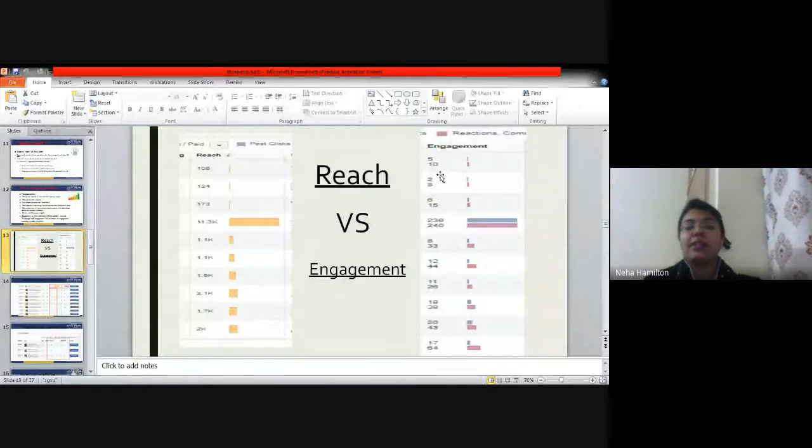Once you understand that this is the post on which I'm getting the best engagement, then you should write down the lessons: what is that element in this post that people are liking? Is it the concept? Is it the color combination? Is it the content that I have used? Is it the pictures or the celebrity that I have used, or the punchline, or is it a sale ad?